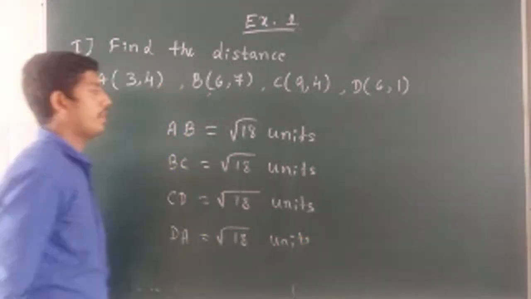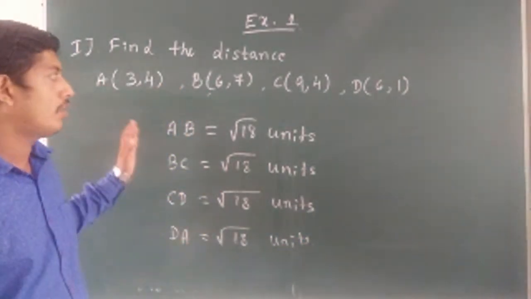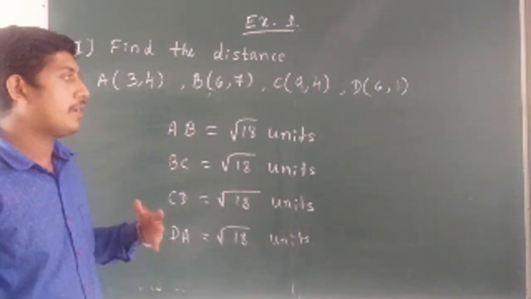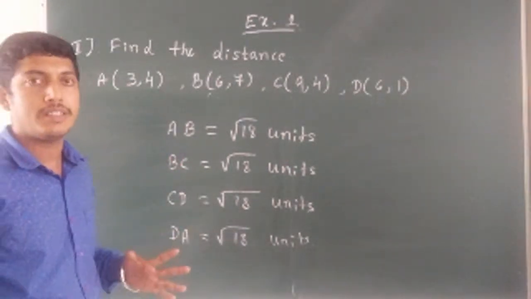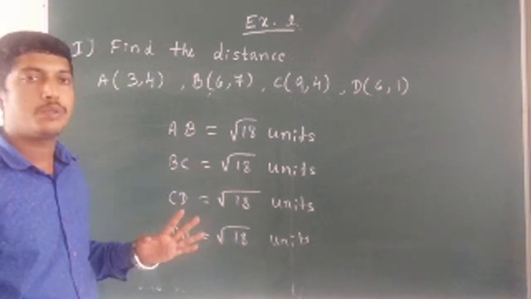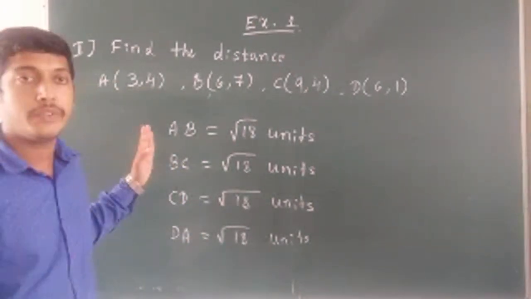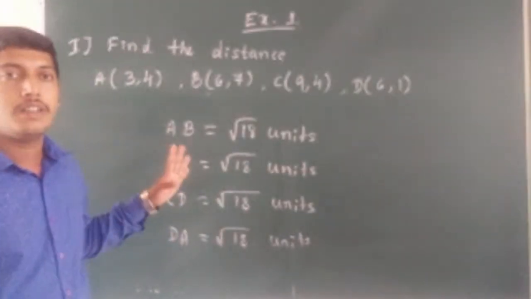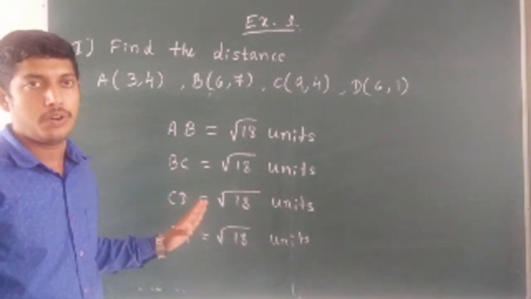So we got all the values equal. That means all the sides are equal. They gave one figure and the points, and they told us to find whether the figure is a square or not.